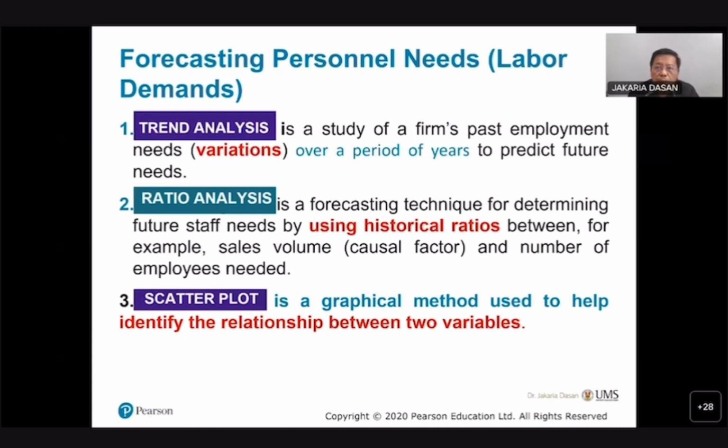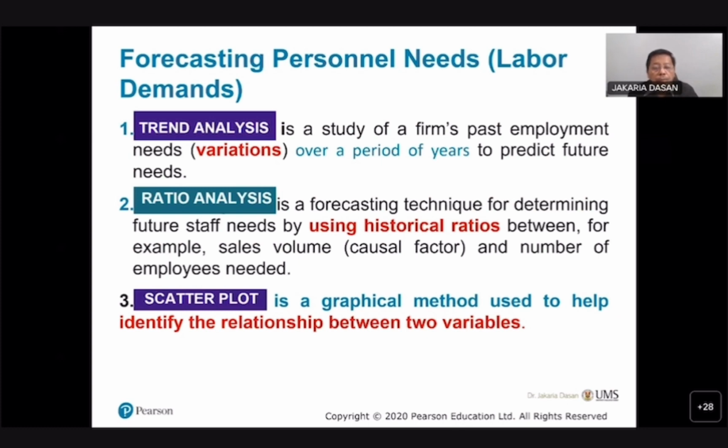So we are talking about recruiting employees. We want to make sure that the number of employees matches the volume that we expect to produce. So this is a ratio, person over person, or number of workers equal to number of productions.